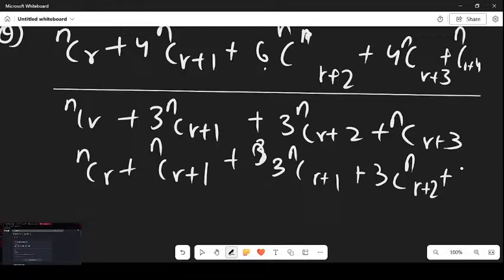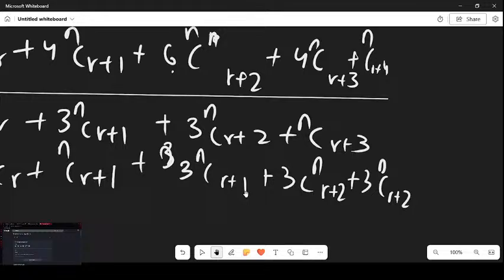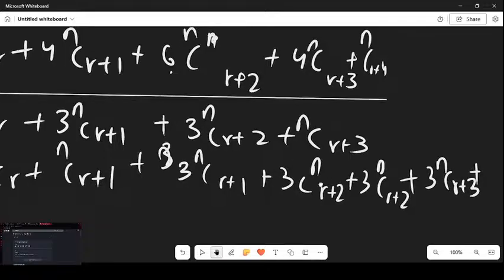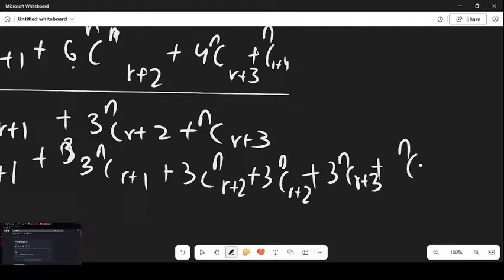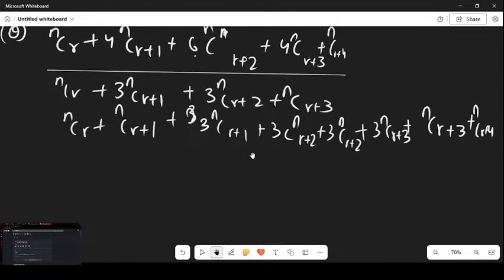I guess this might work because I'm seeing some sort of pattern right here. 3 nC(r plus 3) plus nC(r plus 3) plus nC(r plus 4). So this was some sort of pattern we could observe here.